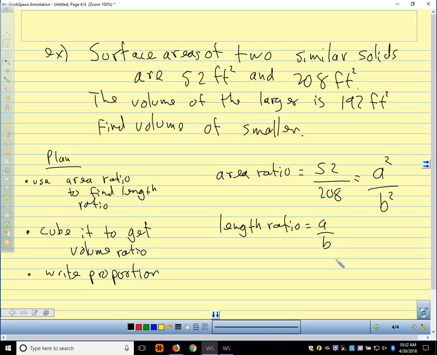So in order to get the length ratio, I'm going to take the square root. So a over b is the square root of 52 over the square root of 208. I need to undo these squares. Well, when I take those square roots, I get 7.21 over 14.42, which is 1/2.